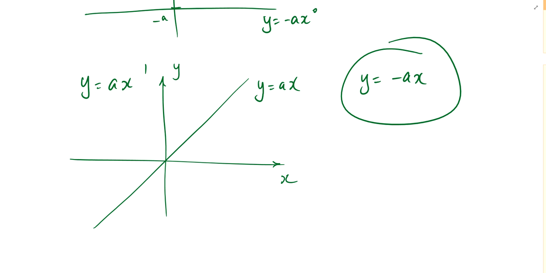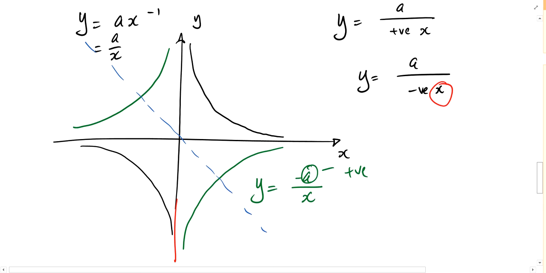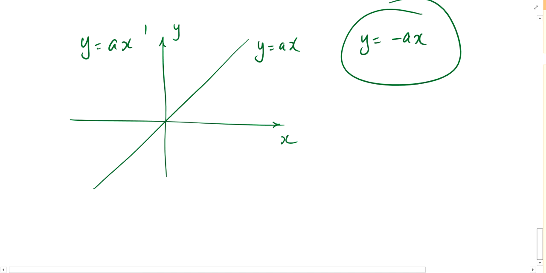Now if I tell you to think like a Sec 3 A-Math student, what is the relationship between y equals ax and y equals negative ax? Symmetrical about the y-axis, x-axis, right? We've always been saying they are symmetrical about the x-axis. Because I introduced a negative sign, it is symmetrical about the x-axis.